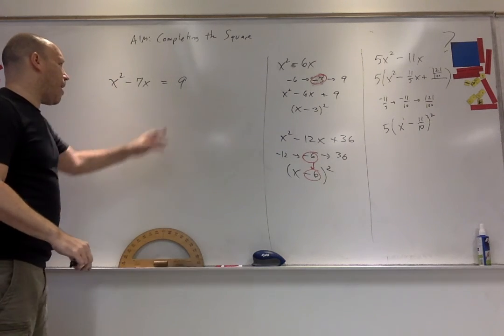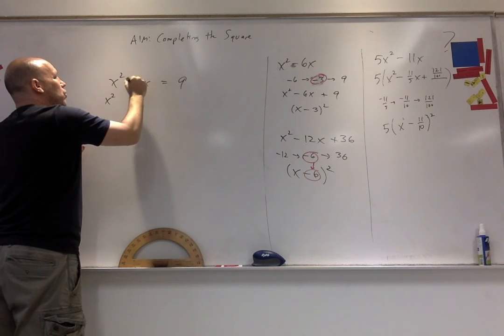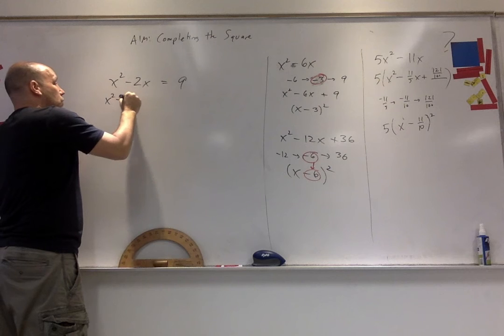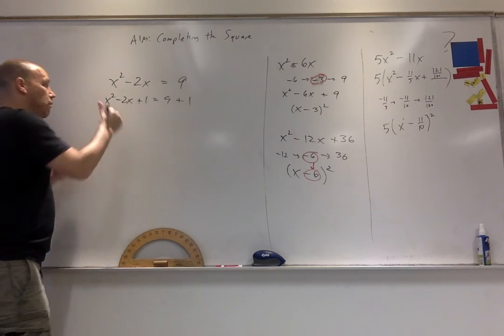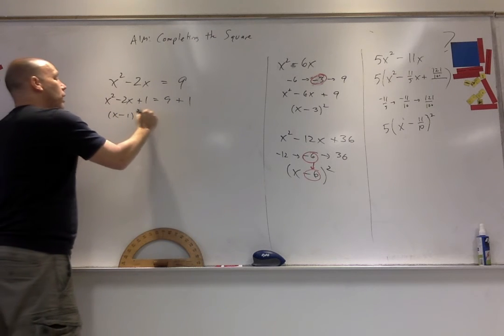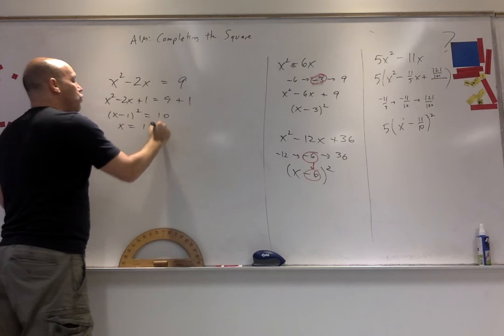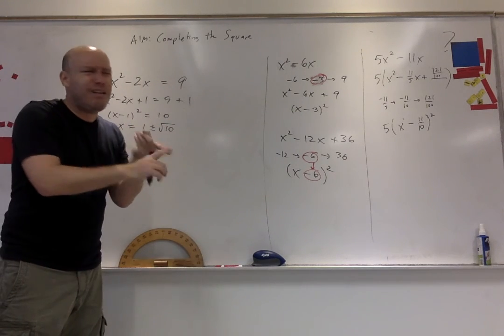Let's make this a little easier. I'm making my life easier. I'm just saying, x squared minus 2x plus 1 equals 9 plus 1. x minus 1 squared equals 10. x equals 1 plus or minus radical 10. Done. I don't use the quadratic formula.